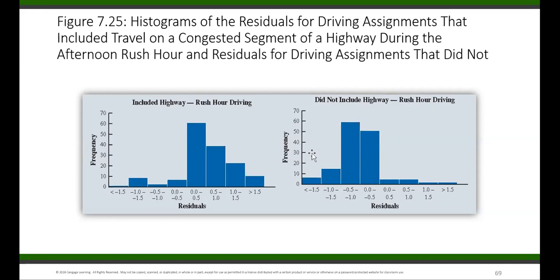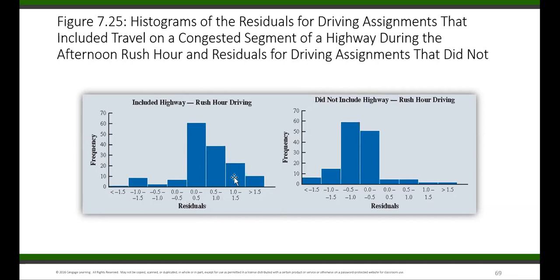By definition, residuals should have a symmetrical distribution around a mean of 0, right? That's what we know. Residuals should follow a normal distribution with a mean of 0. But that's not the case here in this example.